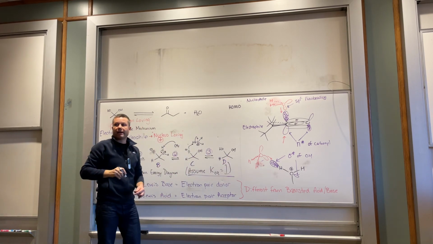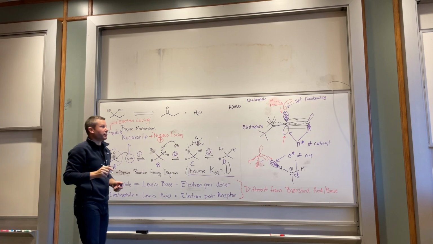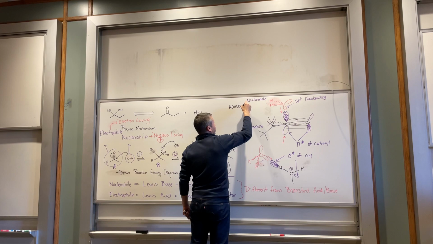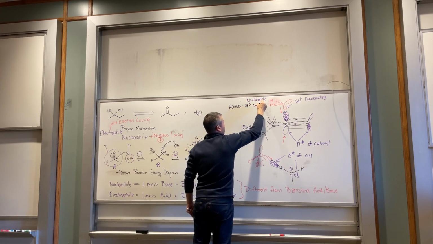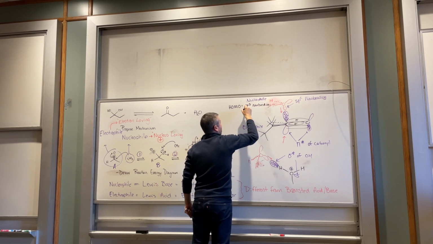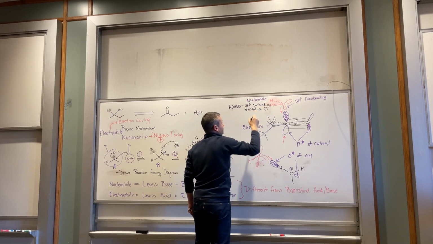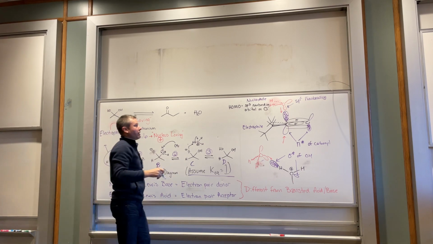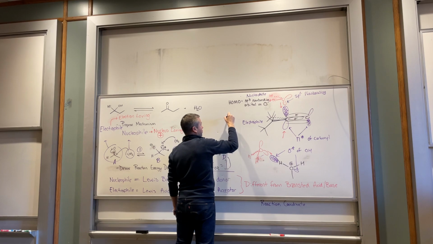The nucleophile is always going to contain the highest energy occupied orbital, the highest occupied molecular orbital. In this case, it's going to be the sp3 non-bonding orbital on oxygen. And just like we have a HOMO, there's also going to be a LUMO. And the LUMO will always be associated with the electrophile.